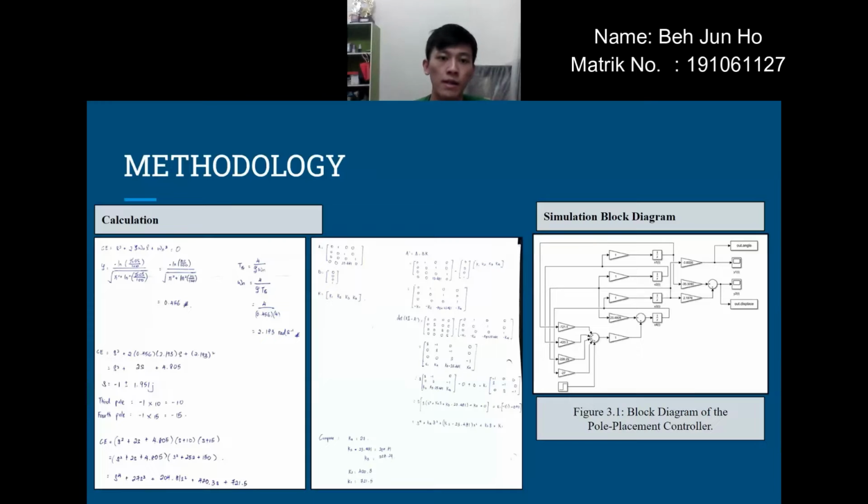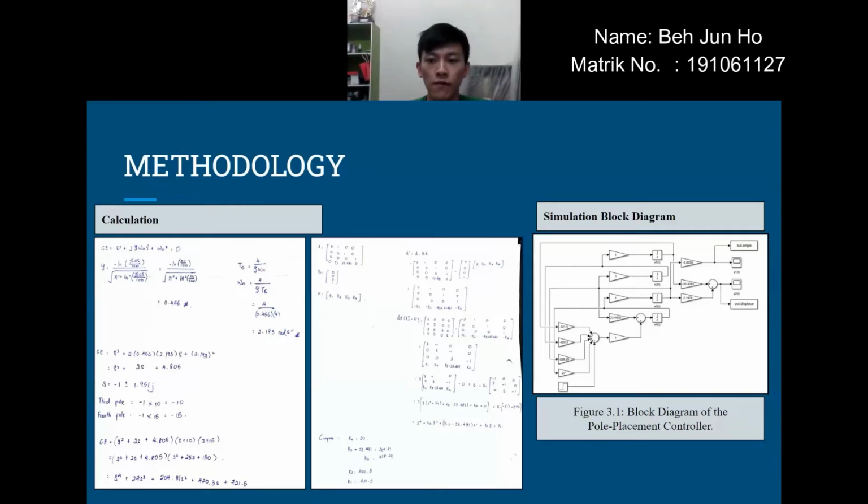So this is the compensated system method. For the uncompensated system, we calculate and get an equation full of k unknowns. We use these two equations and compare them, and finally we get the k values.